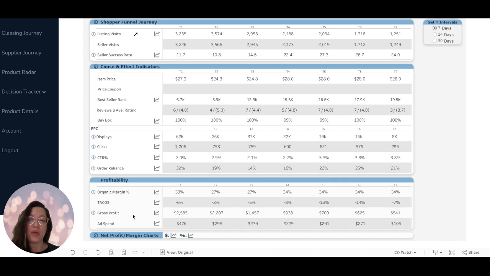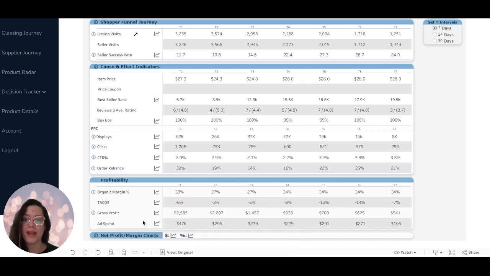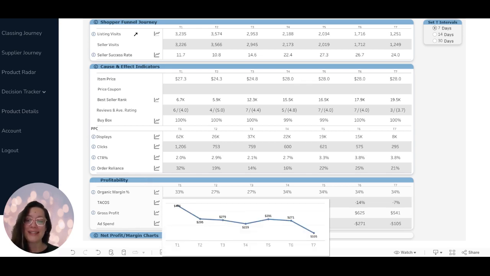And next, we have gross profit, which is the profit in dollar amount before PPC. And then we have ad spend, which is the tacos in dollar form. We can see those numbers reflected in a graph.